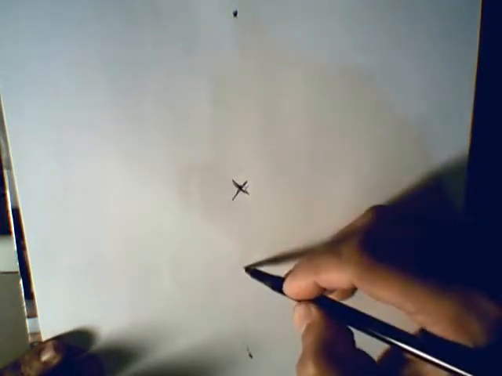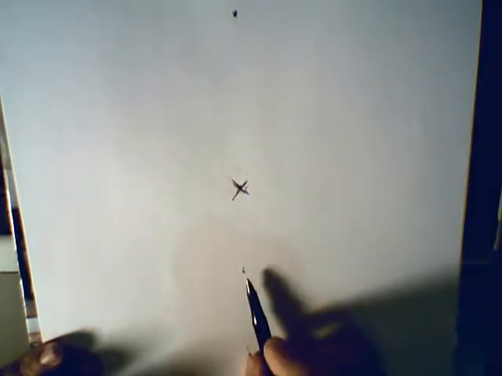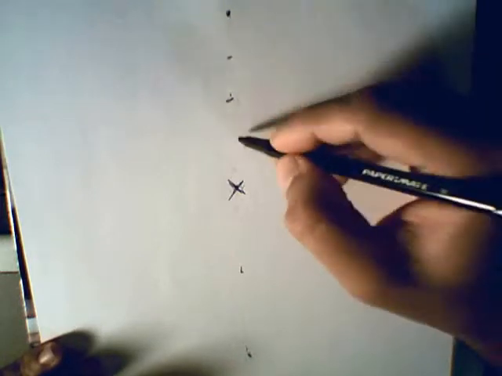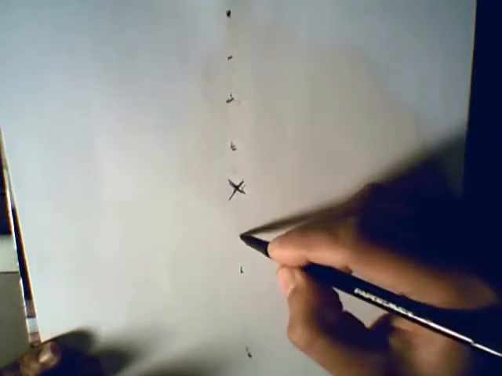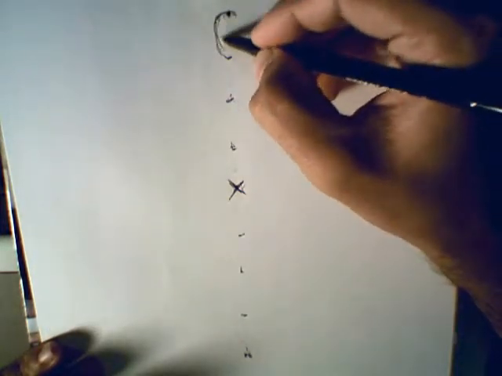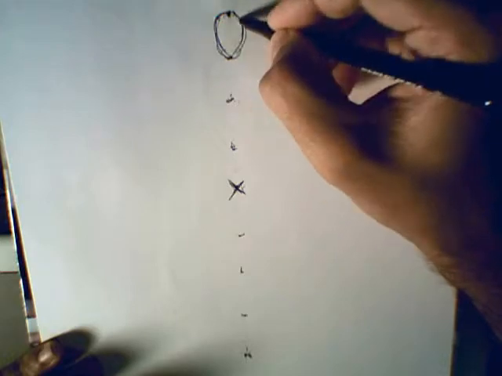So I had marked this in half, the center point, then I divided this in half, now I'm going to divide this in 8 parts. I'm going to do this as fast as I can, just to show you the cool thing about this.